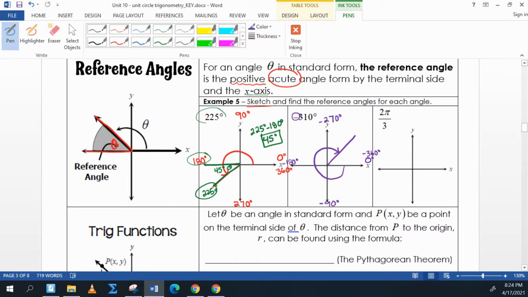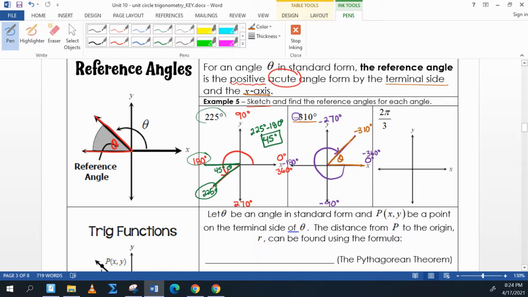Okay, so our reference angle, again, it goes from our terminal side. Here's my terminal side to the x-axis. Here's my x-axis. So they're wanting that angle right there. So again, I always find it helpful to note this terminal side was at negative 310 degrees.